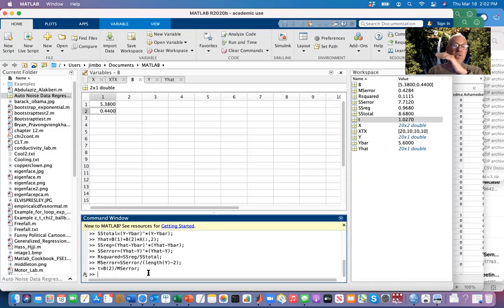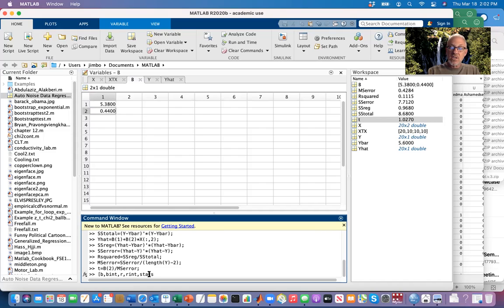Now, let's run this using regress, which is easiest and faster. But I wanted to just show you that this is all the same. So let's take a look at regress. This is going to be B for the beta matrix, the 95% confidence interval of the beta values, the residuals, the 95% confidence interval of the residuals, and stats.